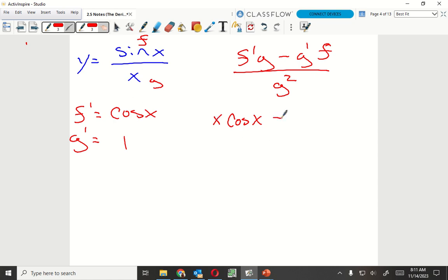And minus g prime, which is 1, times f, which is sine x, over g squared, which is x squared. Can't really factor anything there, right? Nothing simplifies. Do I just leave it? There we go.